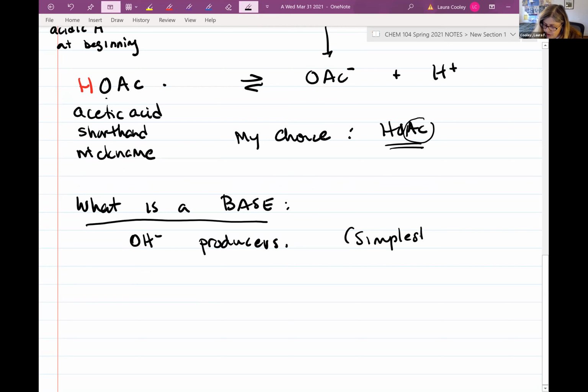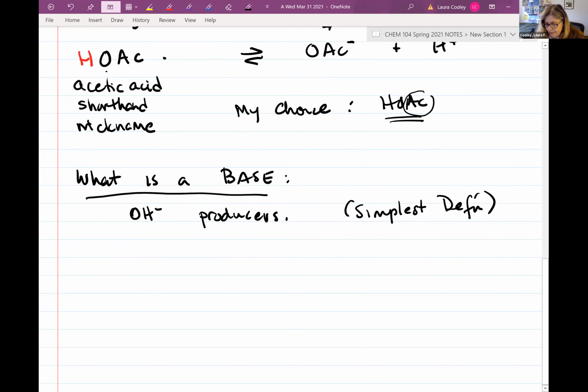And I'm going to tell you in just a few minutes a little more complicated definition that brings in more chemicals, brings them into the fold of bases. But anyway, so what is the simplest kind of base? If you take and dissolve sodium hydroxide, okay, this is a soluble hydroxide. Many hydroxides are not soluble, but this one certainly is, okay?